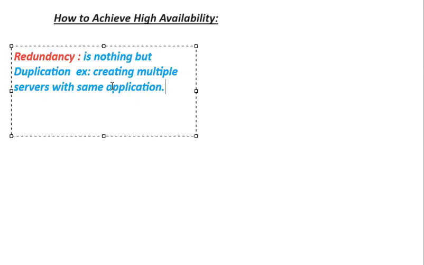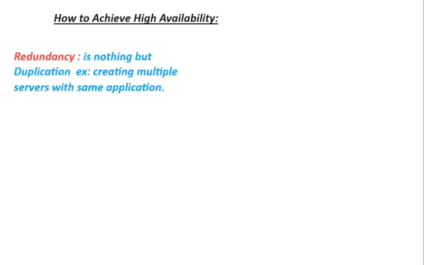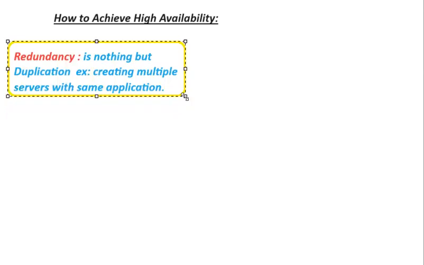We are creating multiple servers with the same application. That is redundancy. This is an important point. This is a technical term that you need to remember. Redundancy is nothing but duplication. Creating multiple servers with the same application is called redundancy.